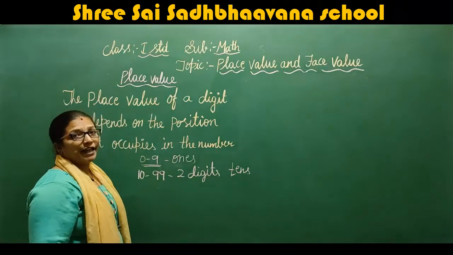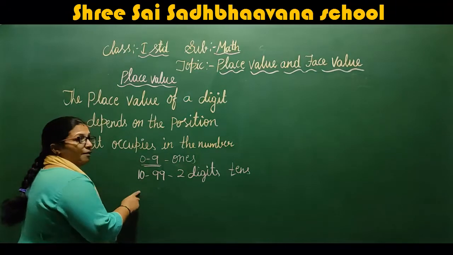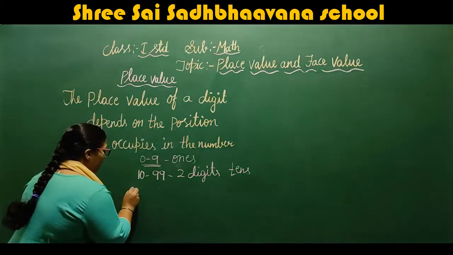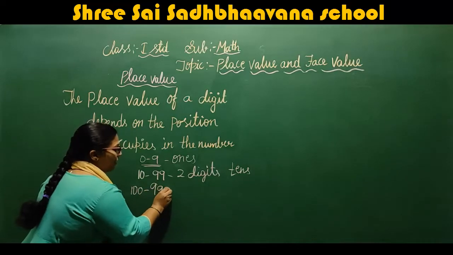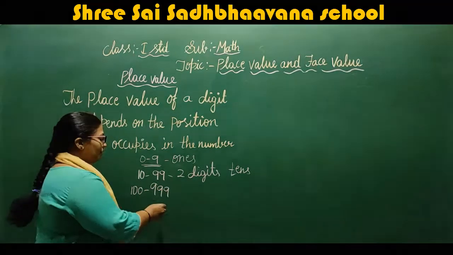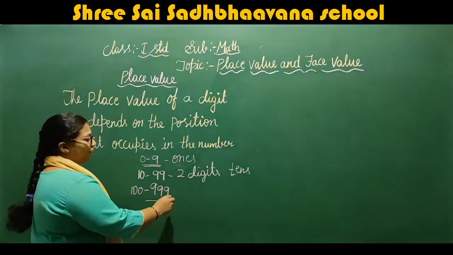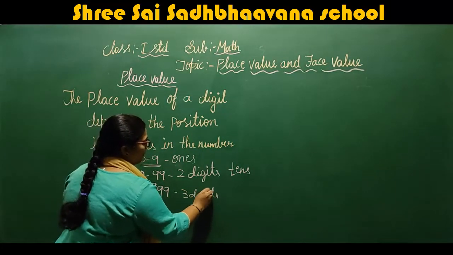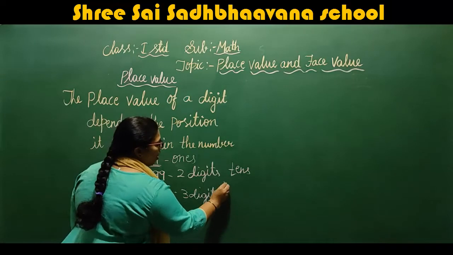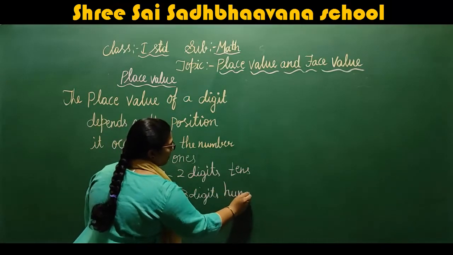It is the tens place. And from 100 to 999, these are three digit numbers. So what place is it? Hundreds place.